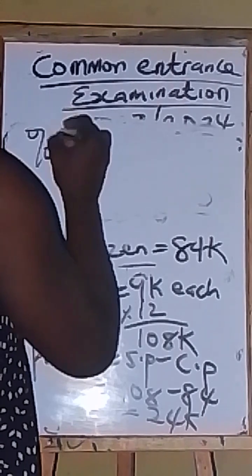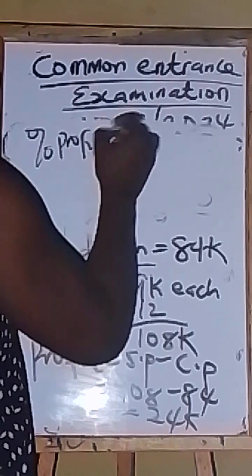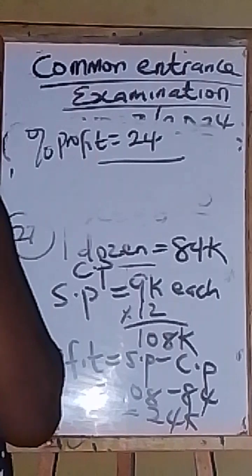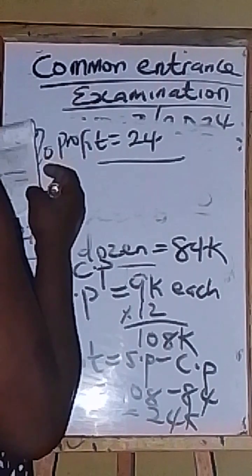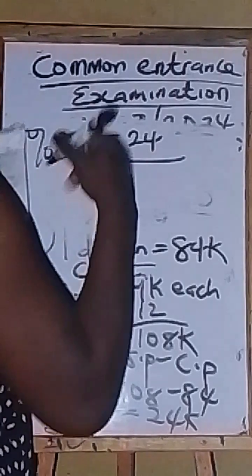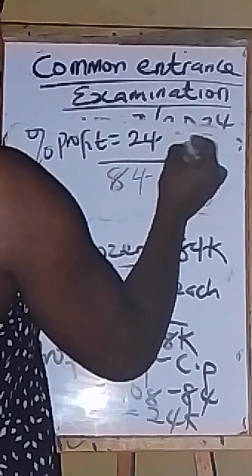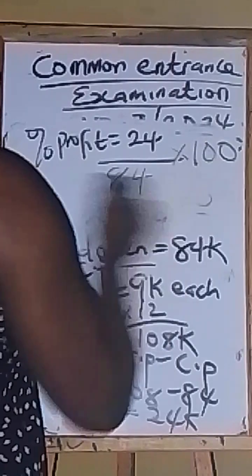So percentage profit equals 24 over cost price. Say the formula is profit over cost price times 100. So 24 over 84 times 100.